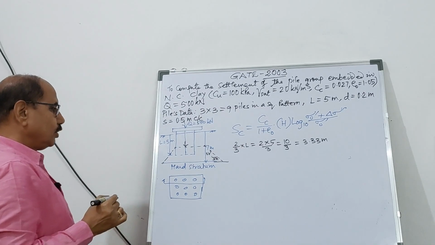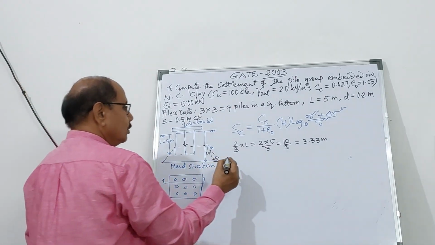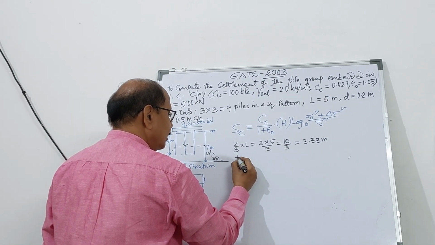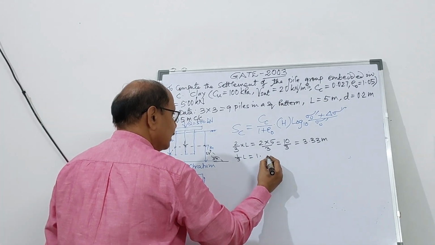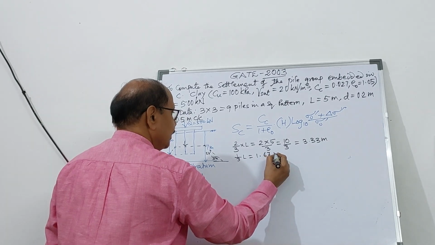This is how the load is going to spread out. So 5 minus 3.33, the 1/3 of L, will be 1.67 meter.